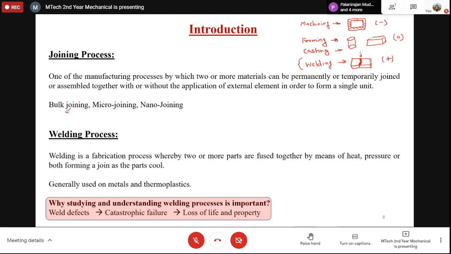Because when we are joining something, let's say this is material one, and this is material two. If we want to join them, let's say this is the weld.